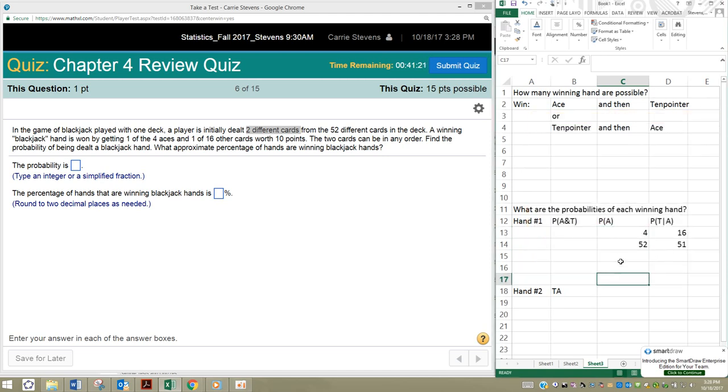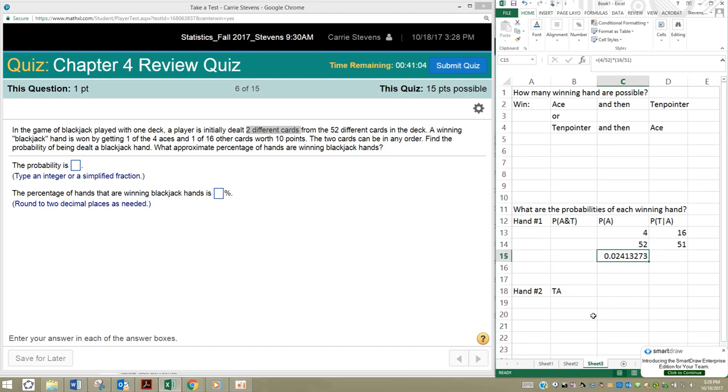When I multiply these, I get 4 out of 52 times 16 out of 51.